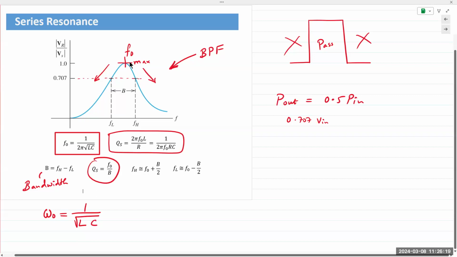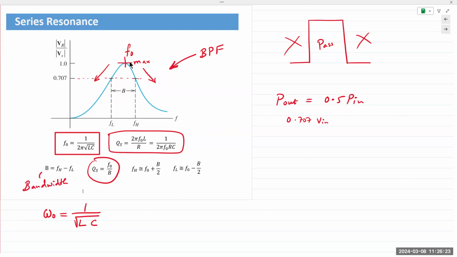If F0 is at least 5 to 10 times the bandwidth, meaning the value of Q is at least above 5, then we can state that the resonant frequency is about halfway between the two cutoff frequencies. And so the graph is symmetrical.